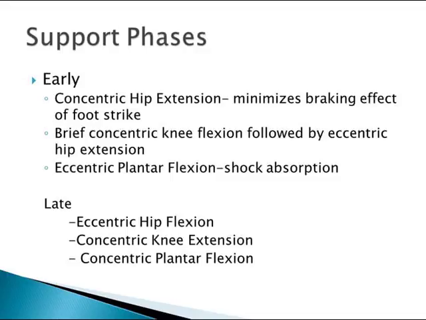Early support includes concentric hip extension, a brief concentric knee flexion, followed by an eccentric hip extension. Eccentric plantar flexion is also used for shock absorption, whereas in the late phase, eccentric hip flexion, concentric knee extension, and concentric plantar flexion all take place.